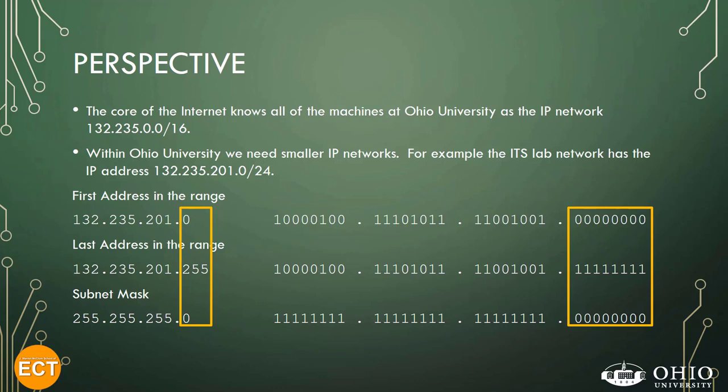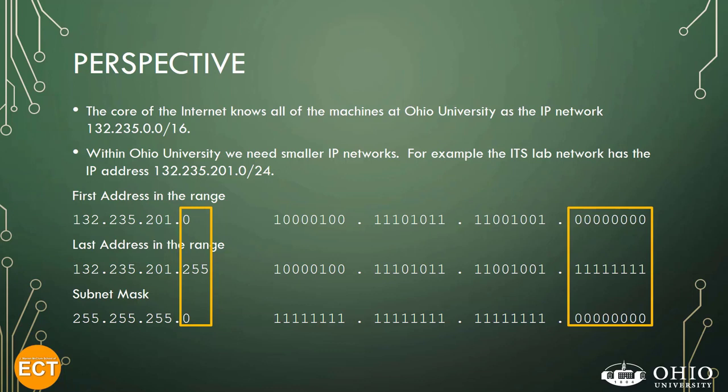In the core of the Internet, all of Ohio University is identified by one record, 132.235.0.0/16. Once inside of the university, the range is further subnetted to satisfy the needs of the network within the university.